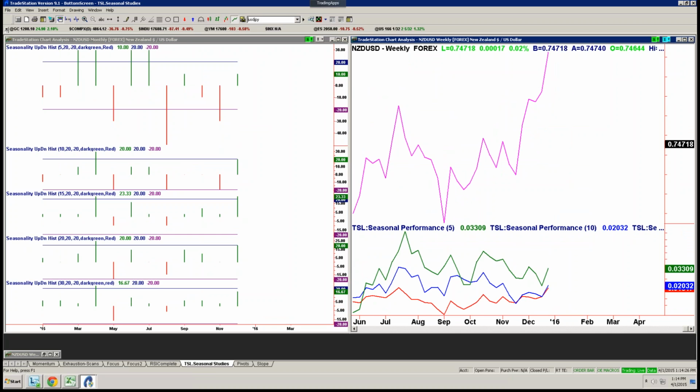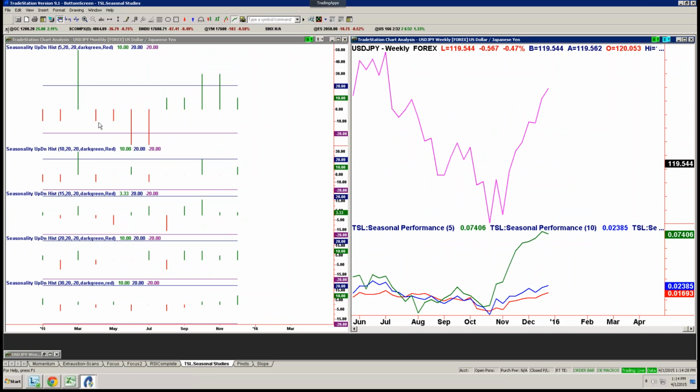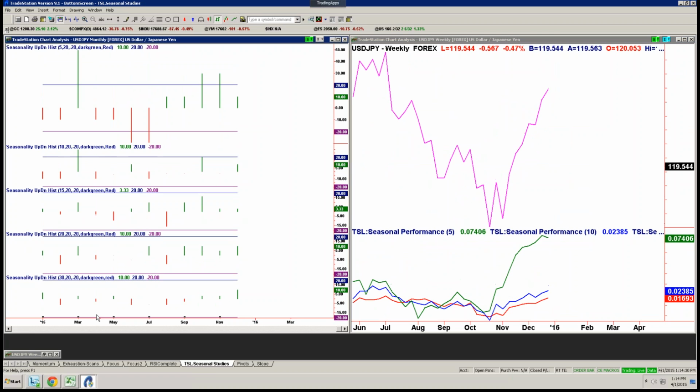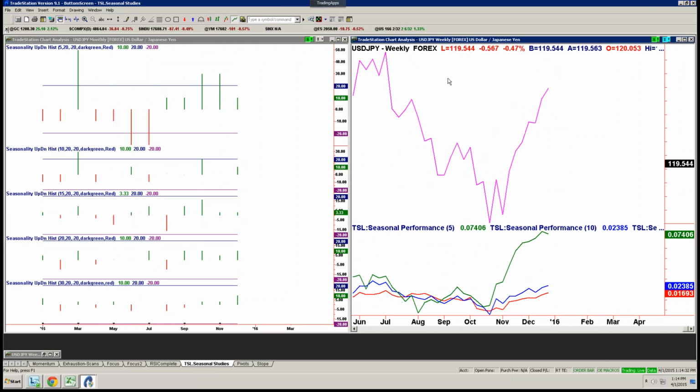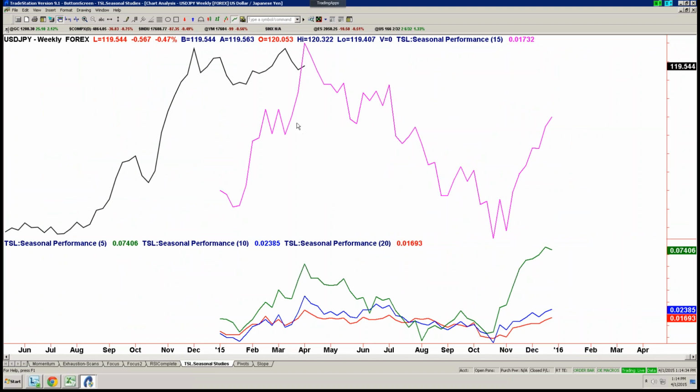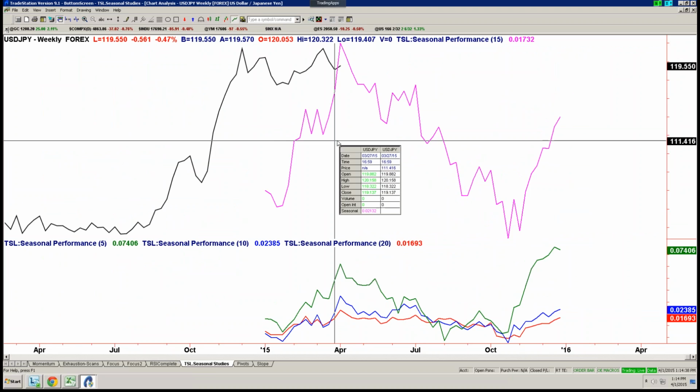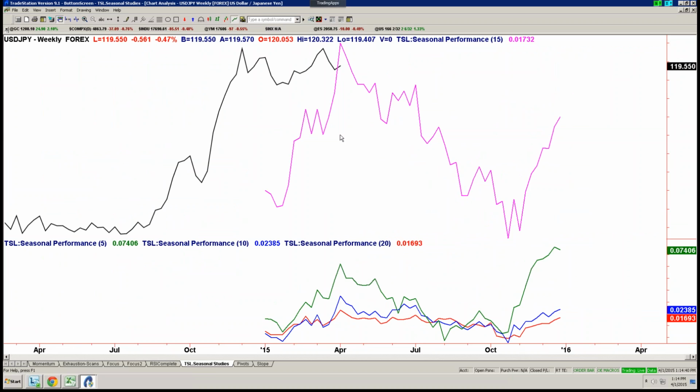Dollar yen, it's negative, but it's not extremely negative. Again, the tendency, as we've talked about previously, is for the dollar yen to top in this first week of April as Japan goes into a new fiscal year, okay?